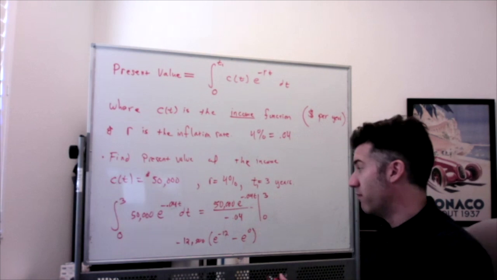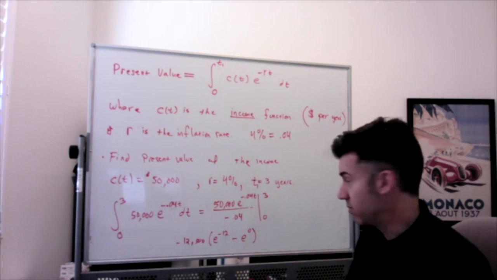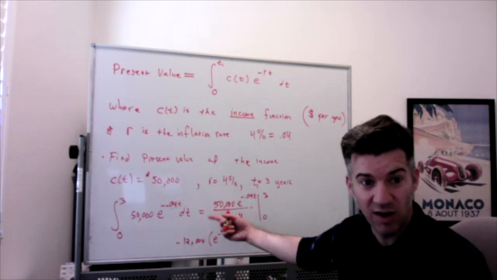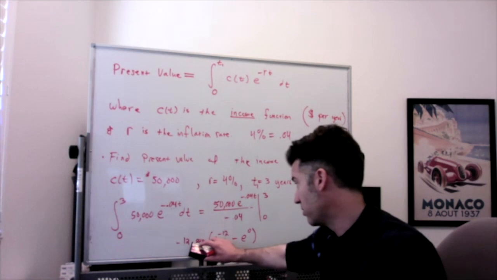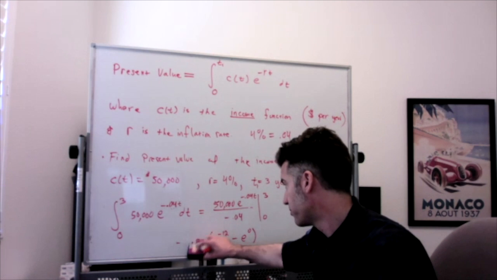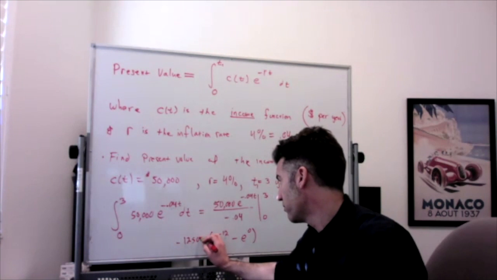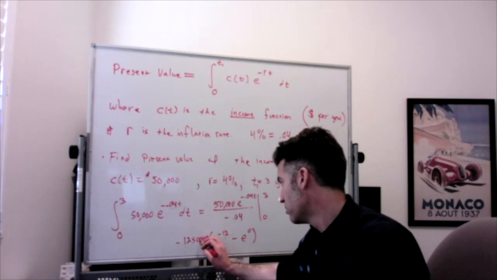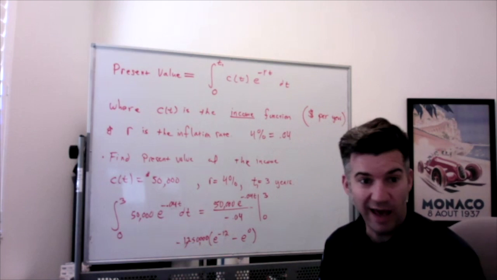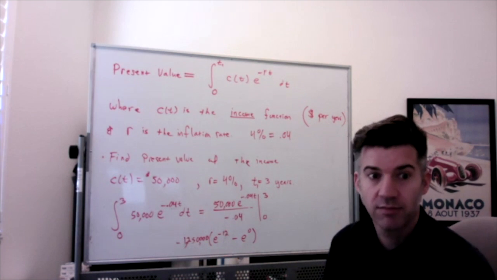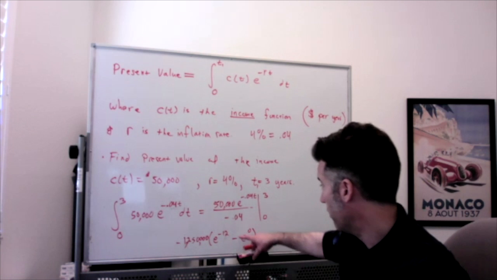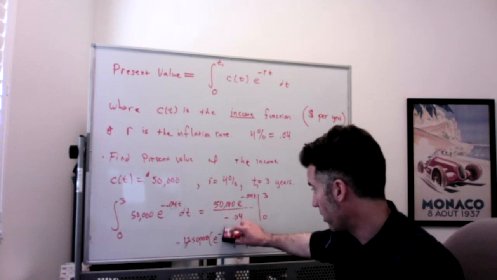So 50,000 divided by 0.04 is going to be 12,500 times another 100, right? So it's really going to be 12,000 and then 2 more zeros, like that. And then we should have e to the, instead of negative 12, negative 0.12.